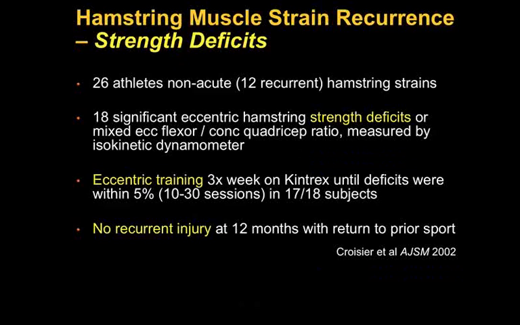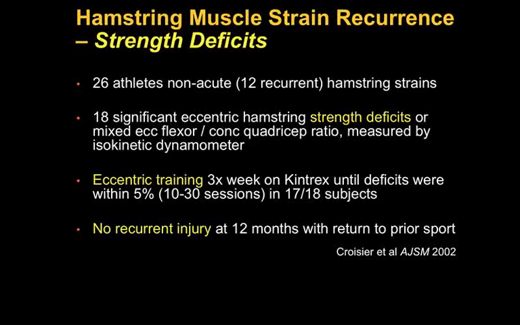And what evidence is there in the literature for strength deficits of the hamstrings as a reason for recurrent hamstring strains? 26 athletes had non-acute hamstring strains, 12 of them being reoccurrent. 18 of them had significant eccentric hamstring strength deficits, or mixed eccentric flexor to concentric quadriceps ratio deficits, measured by an isokinetic dynamometer.